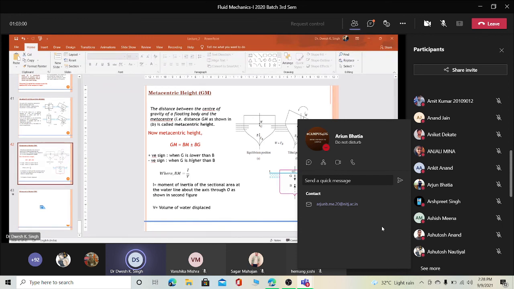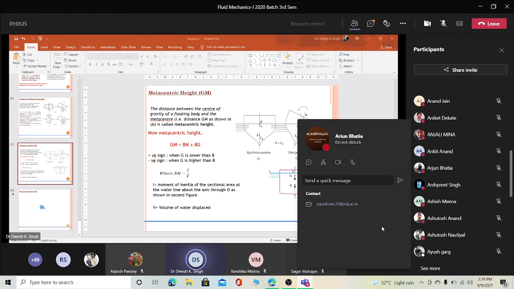Manshul is present. Narendra Kumar present. Mohit, your name has been marked. Neeraj absent. Nikhil present. Nikita Verma present.